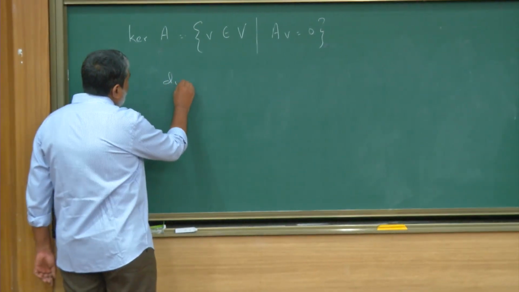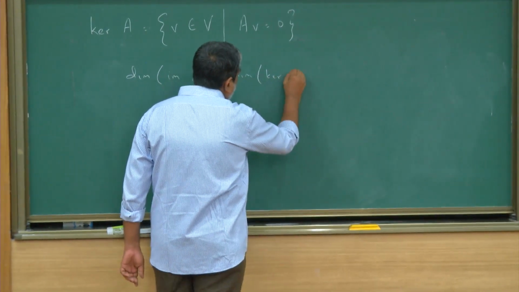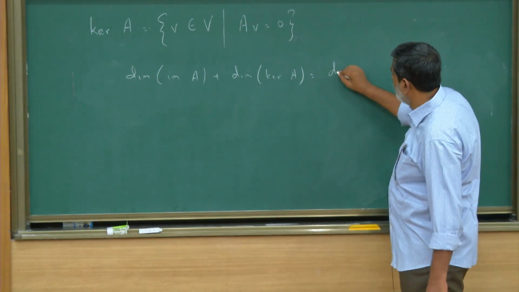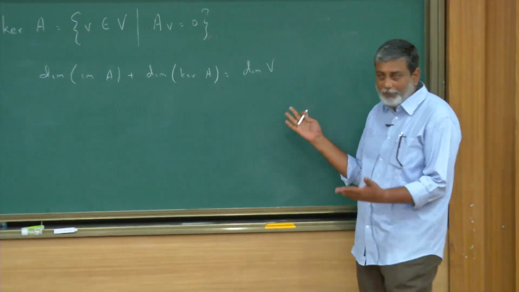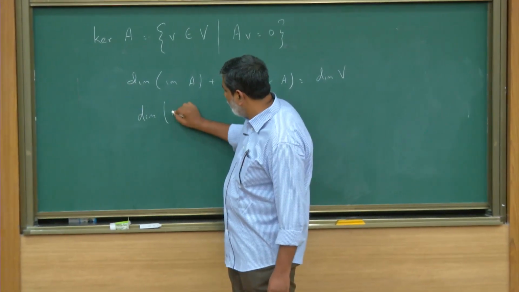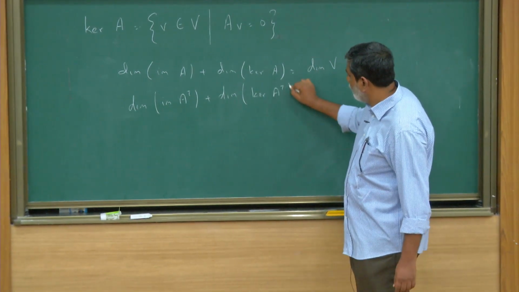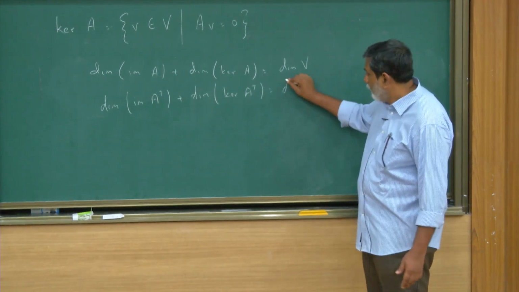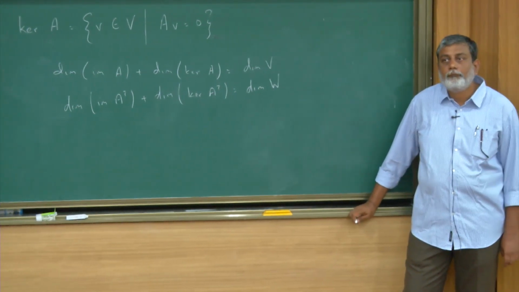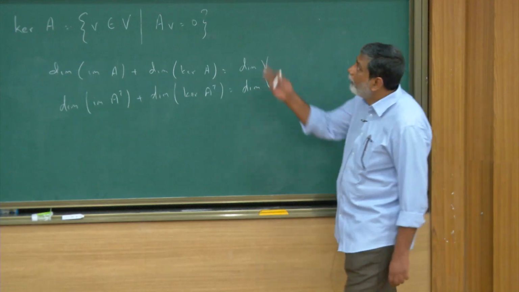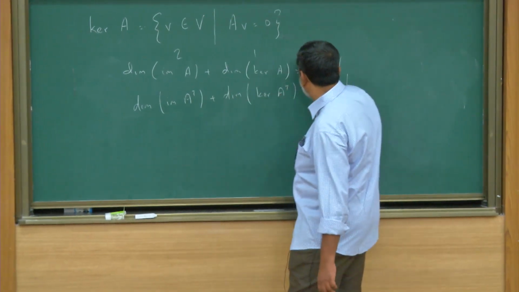By the rank nullity theorem, we had the dimension of the image of A plus the dimension of the kernel of A is equal to the dimension of V. We can again use the rank nullity theorem: the dimension of the image of A transpose plus the dimension of the kernel of A transpose is going to be the dimension of W. In this particular case, the dimension of this was 2, the dimension of this was 1, and they added up to 3.